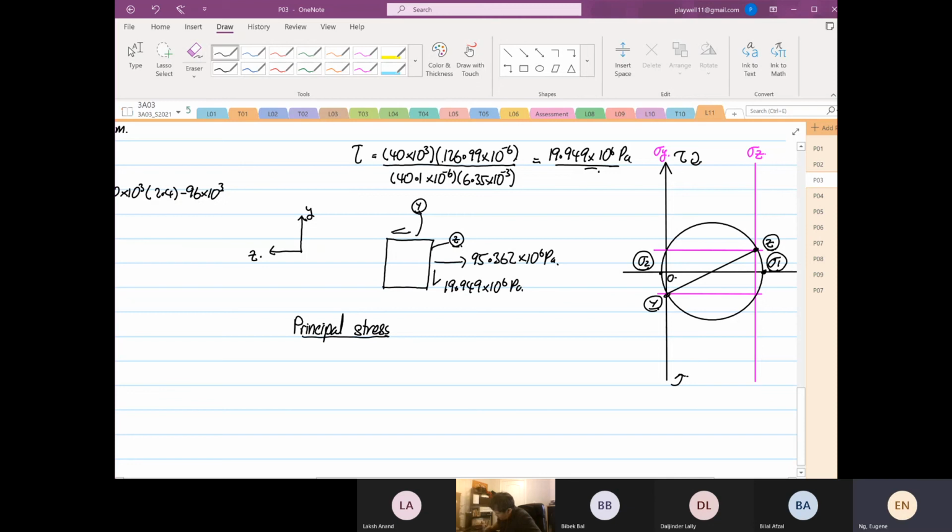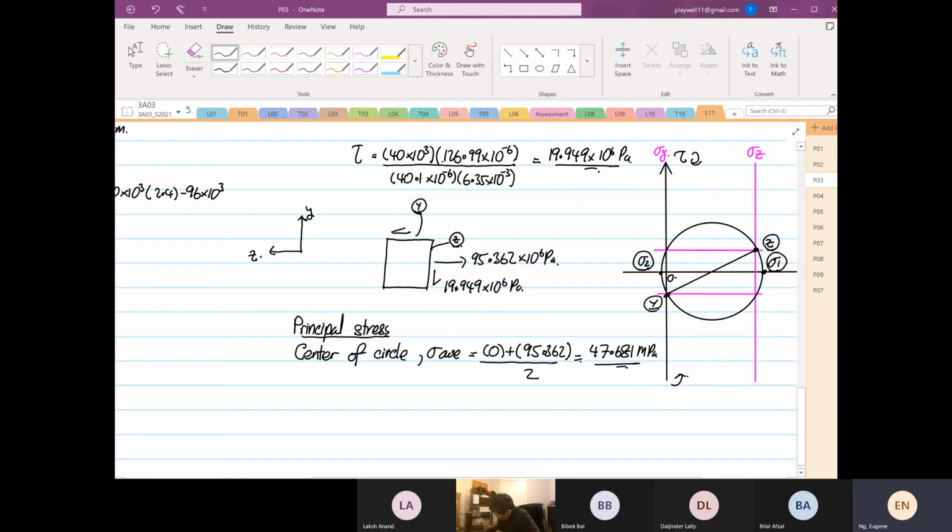Right? So we know that the center of the circle, which is your stress average, is equal to 0 plus 95.362 divided by 2, so it's 47.681 megapascal.